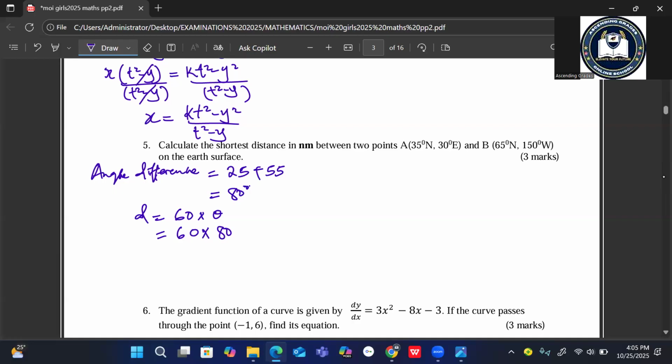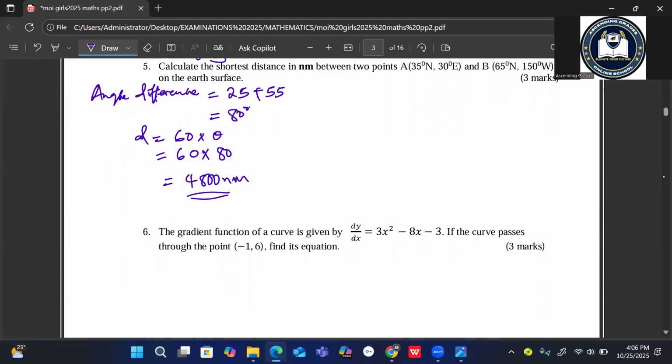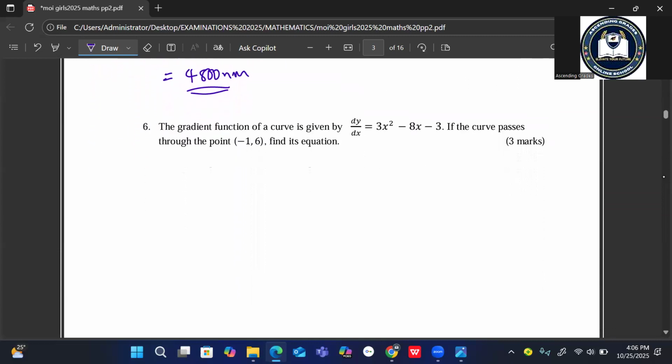So that we get 4,800 nautical miles. So with that one, you get your 3 marks. Simple as that. Then move to 6.